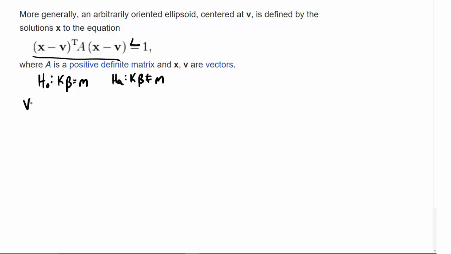Remember, the variance of Kβ hat is equal to K(XᵀX)⁻¹Kᵀ times sigma squared.